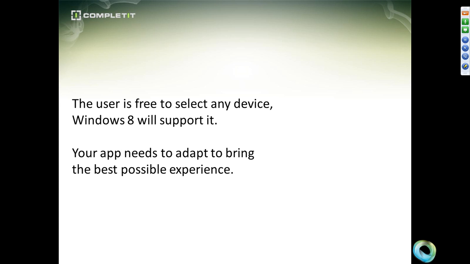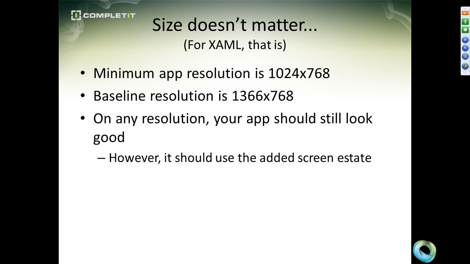So that is, again with Windows 8, very important when building XAML-based applications, so Metro-style applications. The user will be able to select several types of devices. Windows 8 is going to run on them, and you as a developer need to make sure that your application is going to look nice on the device.